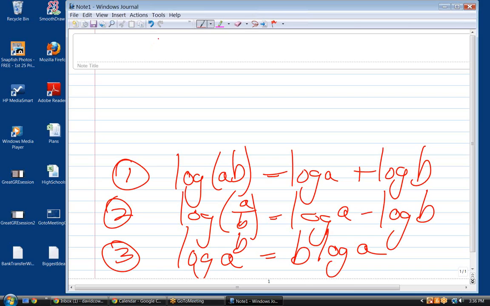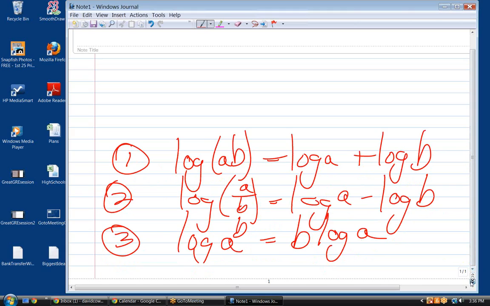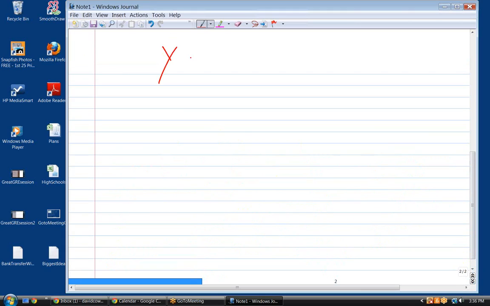The next one is about how to graph, but just get the point. So it's y equals log base 3 of x minus 4, plus 1.